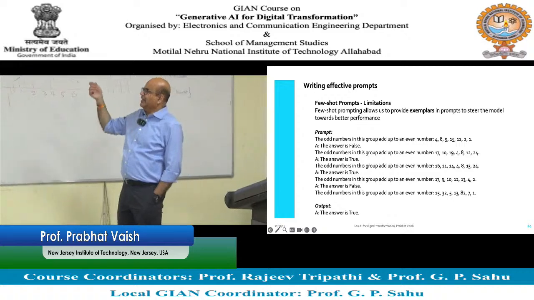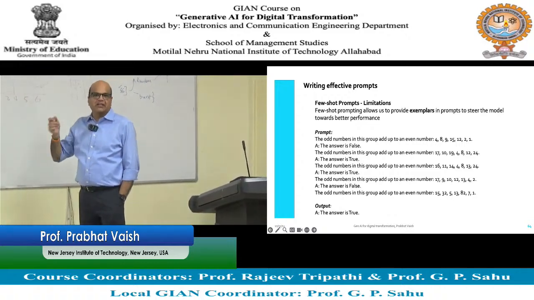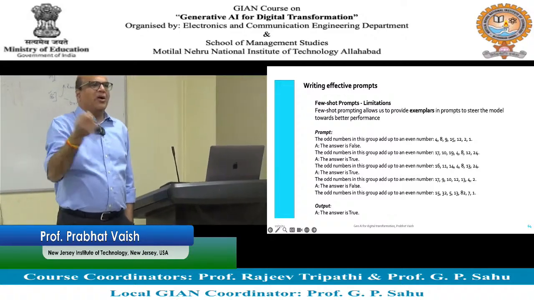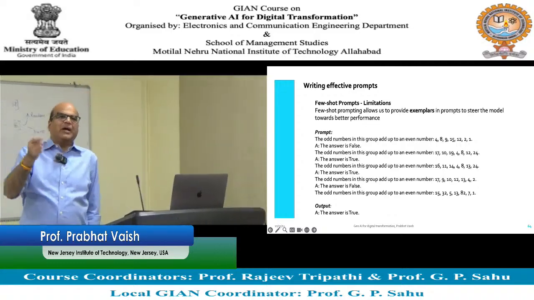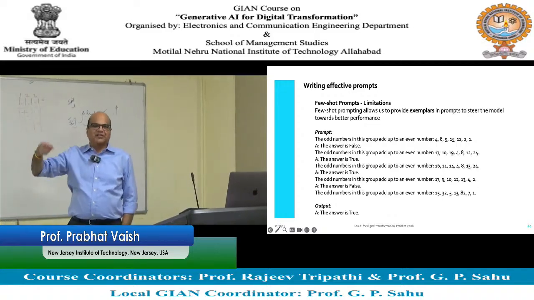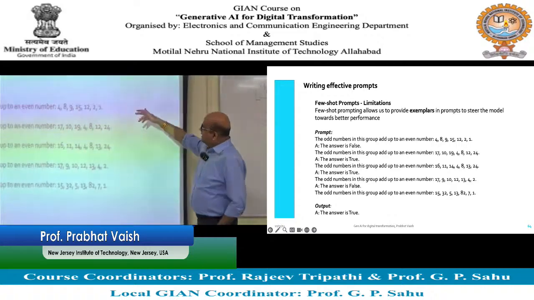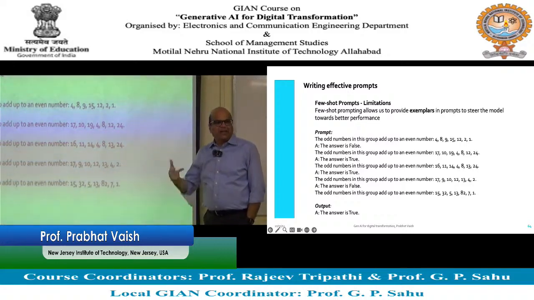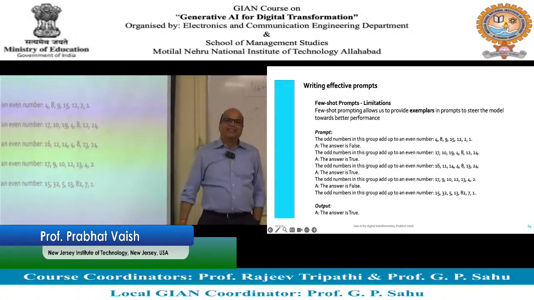So here the researcher was trying to teach the language model this basic, simple mathematical fact. You add two odd numbers, the result is an even number. Instead of two, you say you add an even number of odd numbers, the result will be an even number. That's what they were trying to teach. They did it with 1, 2, 3, 4 examples and hoped that it would learn. Then they gave the prompt and it gave the wrong answer.